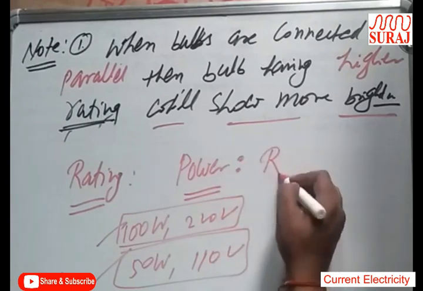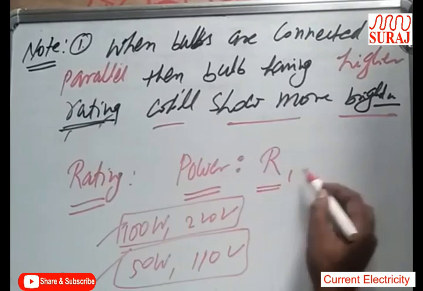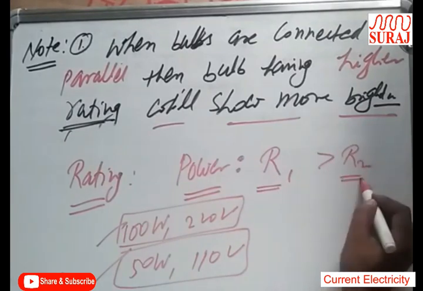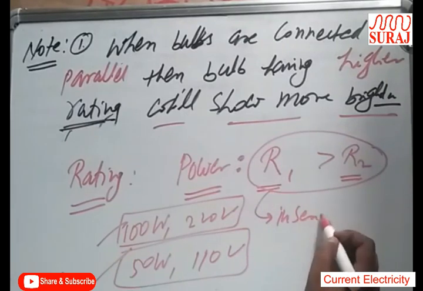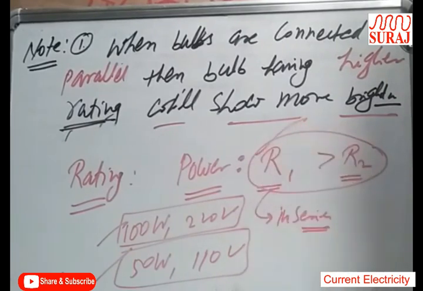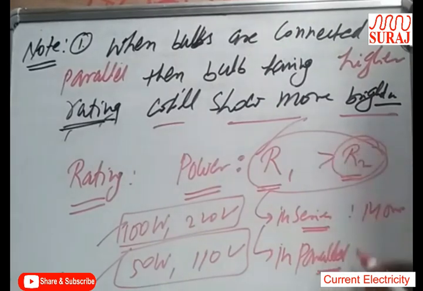We calculate the resistance. If the resistance of one is greater than the resistance of the second instrument, then in series the one having more resistance will show more brightness, and in parallel the instrument having lower resistance will show more brightness.